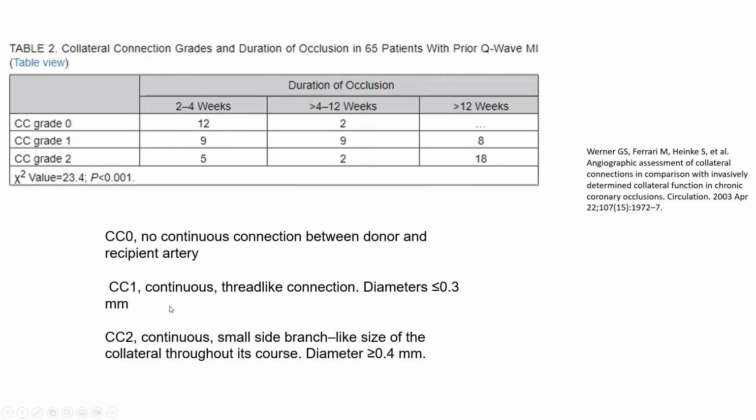CC1, where you see a continuous thread-like connection, and CC2, when there is a continuous branch-like connection, more than a thread, about 0.5 millimeter or more in size. The CC2 collaterals typically take over 2 weeks, even over 12 weeks, to form. So that gives you an idea about the classification and the timeline of collaterals.